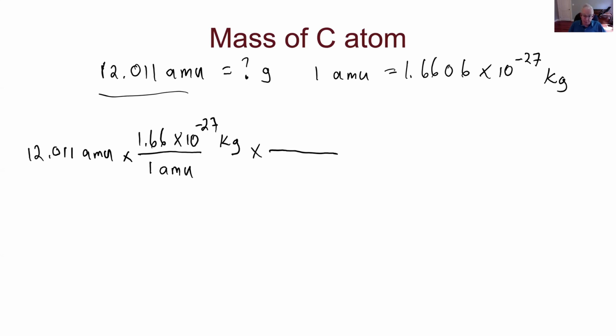I didn't write it down up here, but I happen to know, and most of you probably happen to know, that 1 kilogram, kilo is 1,000, so that means this is 1,000 grams. Okay, and if I multiply all that out, my notes sitting next to me tell me I get 1.9945 times 10 to the minus 23rd grams.